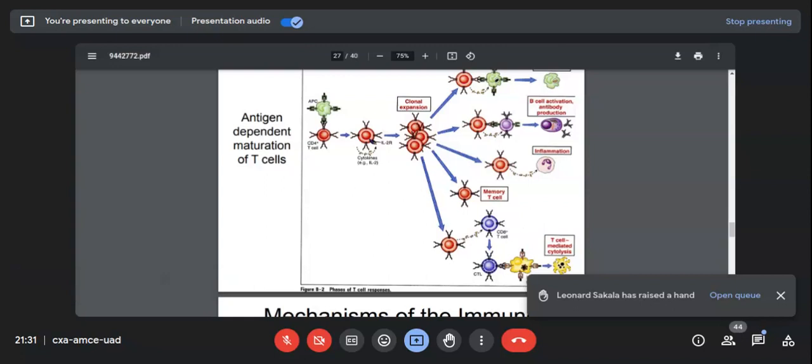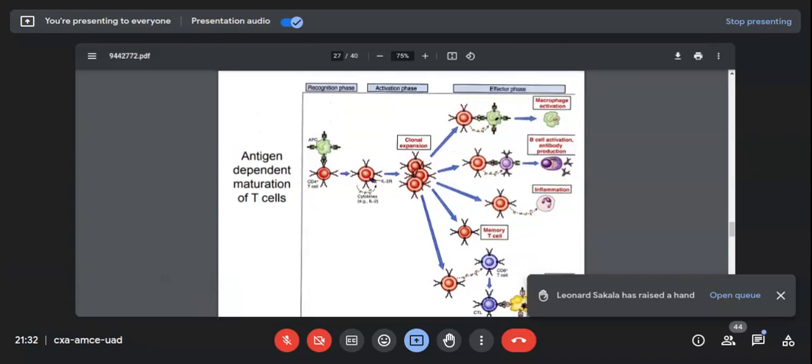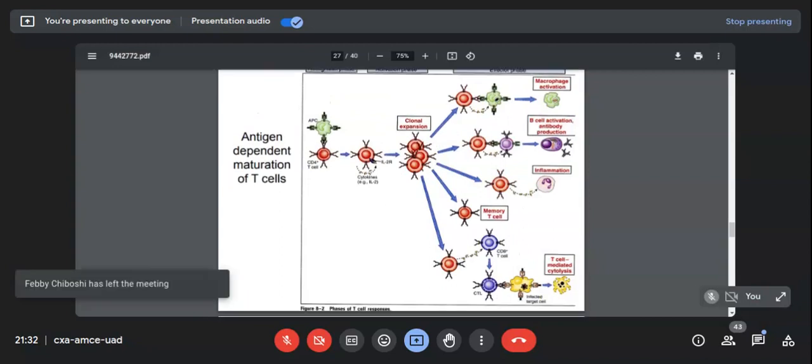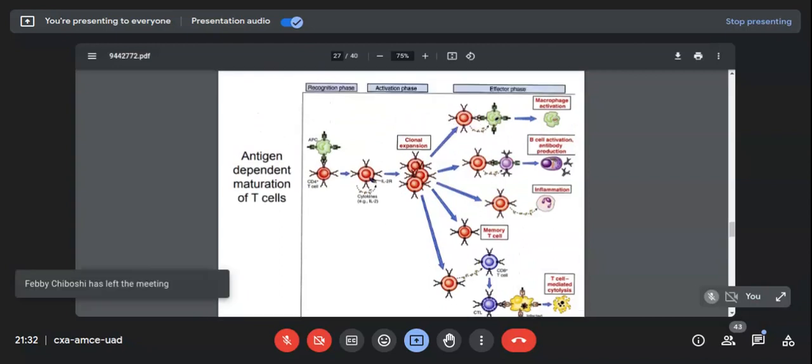Chemicals such as interferon gamma, even interleukin 12 in other cases, when secreted in the bloodstream, will go and activate the natural killer cells. And this happens under innate immunity, but not under adaptive immunity. I don't know if I've answered your question, Doc. Have I answered your question, Doc, or do you still have more questions to give me?